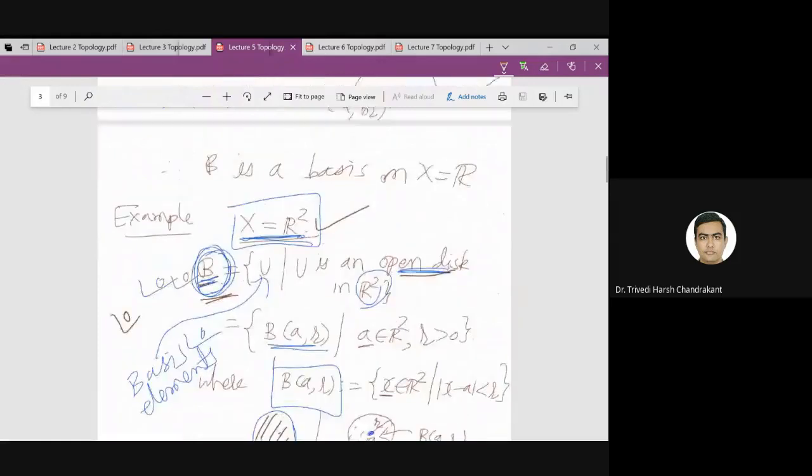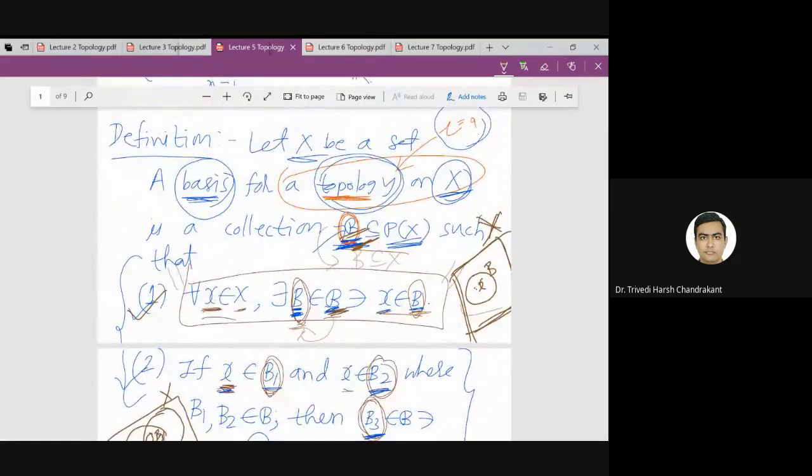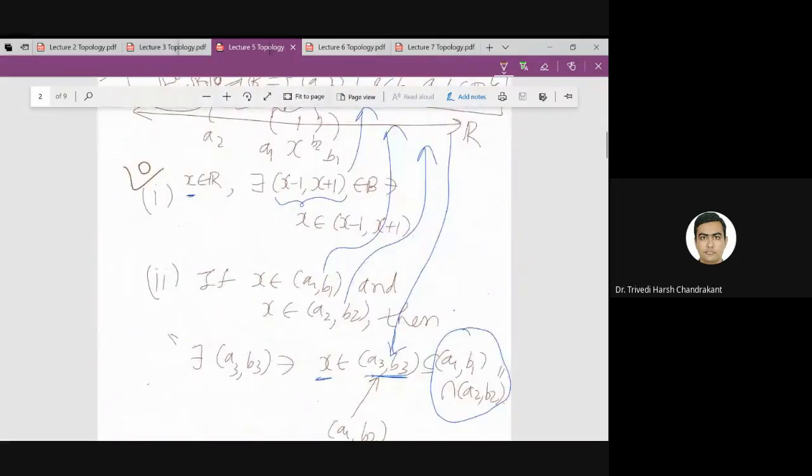The first property is that for every element x in the set X, I can always find an element B in this family. It is the same as what we discussed for the real line, X equal to R. Then for every x, what will we take as B in the case of the real line?